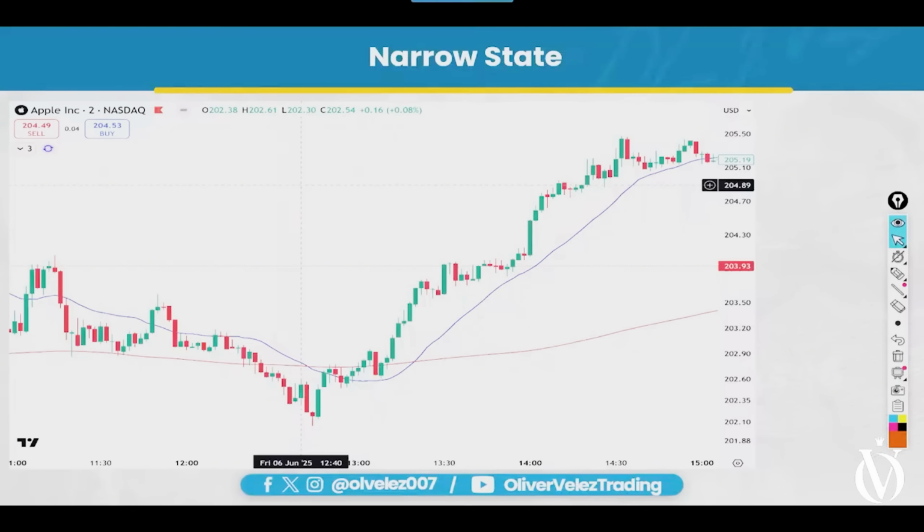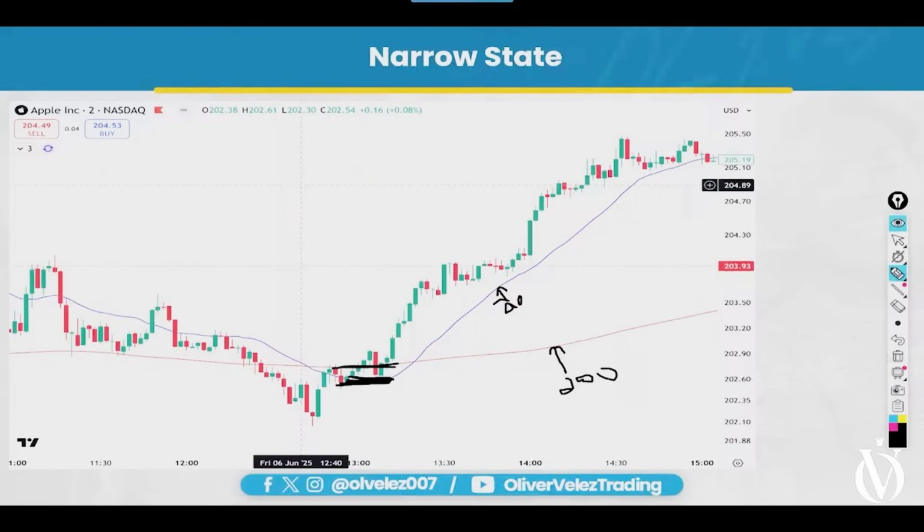So let me show you how to determine if your stock is in a narrow state. It's simple. You take those 2 moving averages, that 20-period moving average and that 200-period moving average. If and when those 2 moving averages are relatively flat and close together, you have a narrow state.